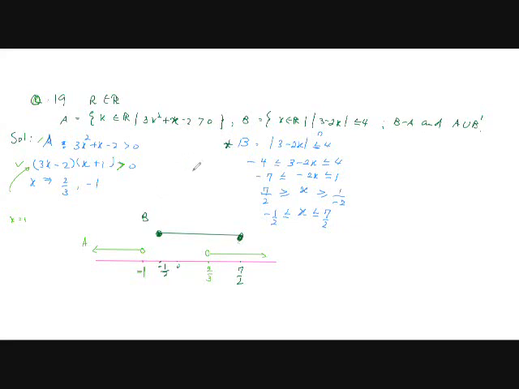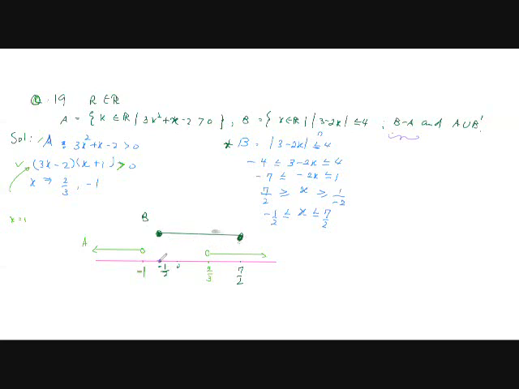Then you find B minus A. Let's now try to get this answer. B minus A. So B minus A, what do we have? Take B to be the main. B minus A is going to be what? This point, right? Left this point and 2/3 here, because from here to here is gone, becomes 0.